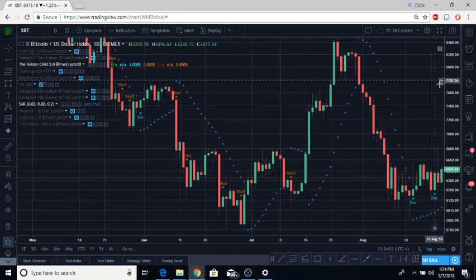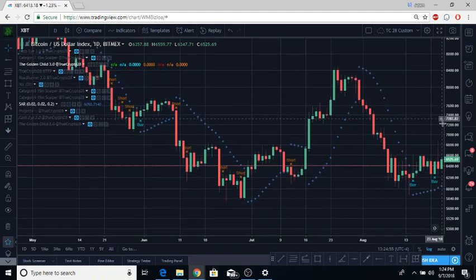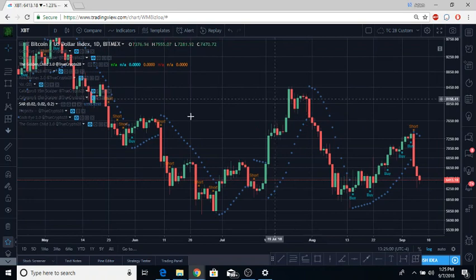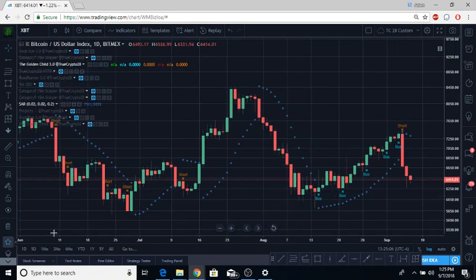A parabolic SAR is an indicator which is trying to say local uptrend, local downtrend, or at least what's more likely, uptrend or downtrend. And the way this is determined is you're seeing a line underneath that is showing an upward slope.